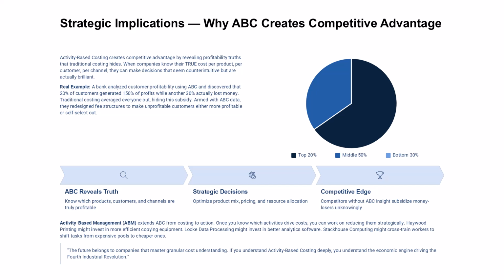Materials handling done by $50 per hour forklift operators might shift to robots with 10 cents per pound effective rates. Companies using ABC can model these transitions, calculate ROI on automation investments, and predict which activities will remain human versus shift to machines. If you understand activity-based costing deeply, you understand the economic engine driving the fourth industrial revolution.